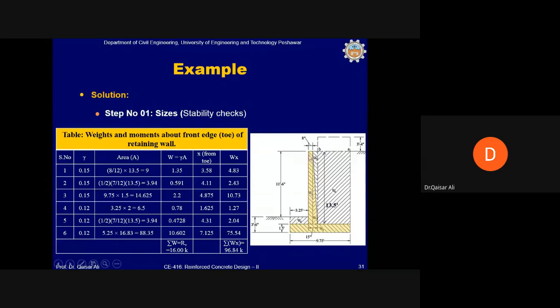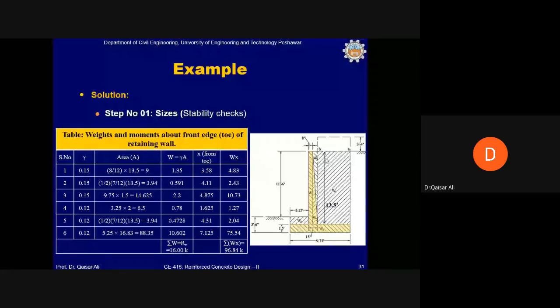Just for the sake of demonstration, I will discuss the weight W1, which is the weight of the rectangular part of the arm. You know that it is 8 inches at the top. So when we draw a line in this form, this rectangle will have this side 8 inches, and the height of this rectangle will be equal to 13.5 feet from the top of the base of the retaining wall, from this location.